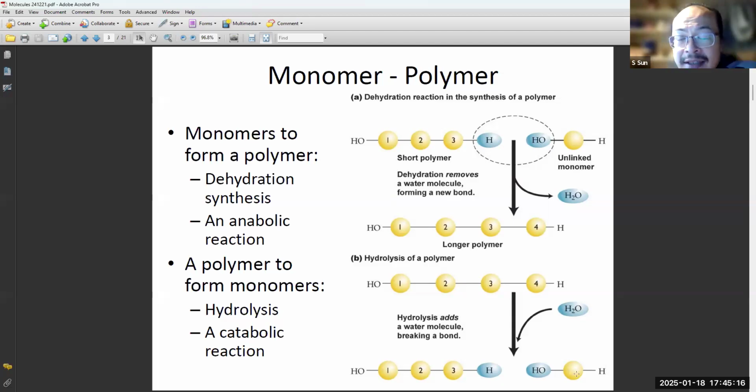This is the basic idea about metabolism. Metabolism means you have catabolism and anabolism.